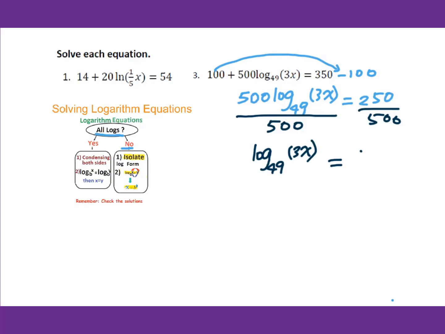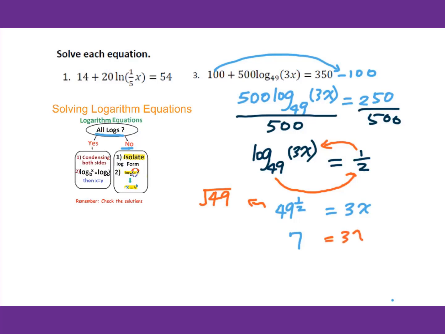You will get 1/2. Then change this log into exponential form. You will get 49 to the 1/2 power equals 3x. This will be 7, because that means the square root of 49. Then equals 3x. Divided by 3, x equals 7 over 3.